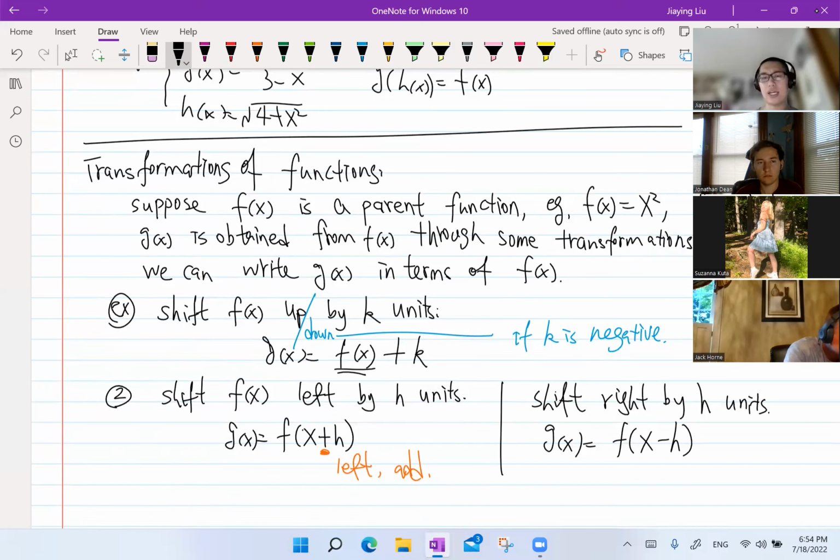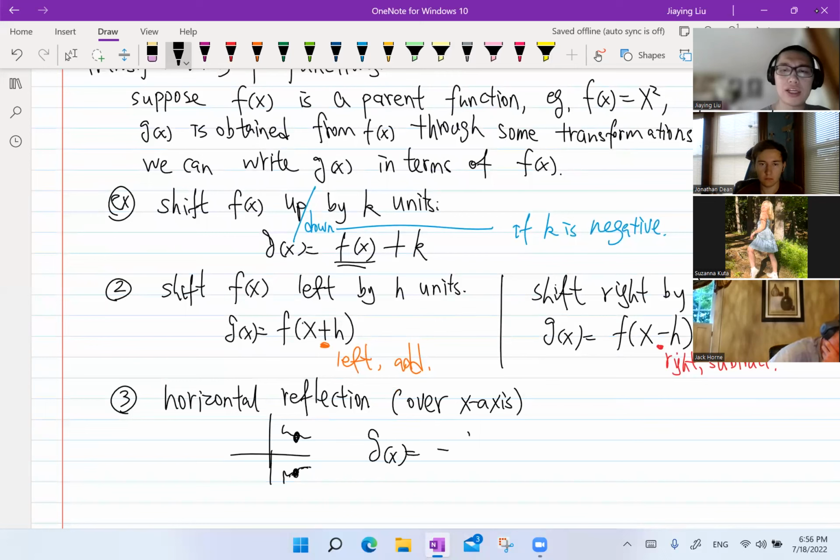If we think about it, when we take a point and reflect it over the x-axis, the y value will become negative, right? The x doesn't change. So we can write g of x equals negative f of x, which means that all the y values given by f of x are being multiplied by -1.